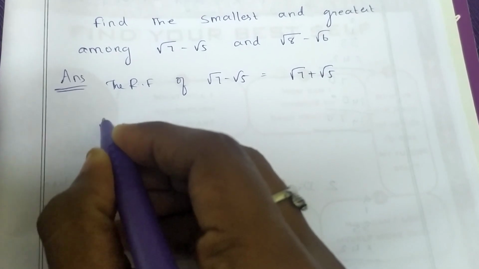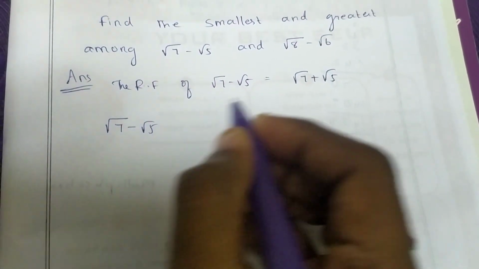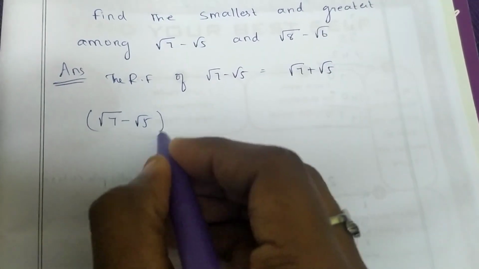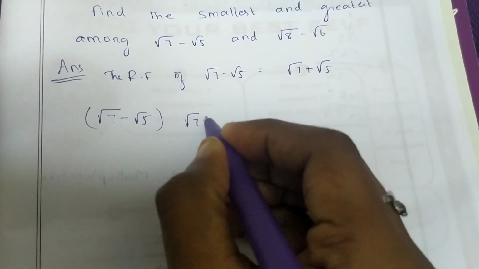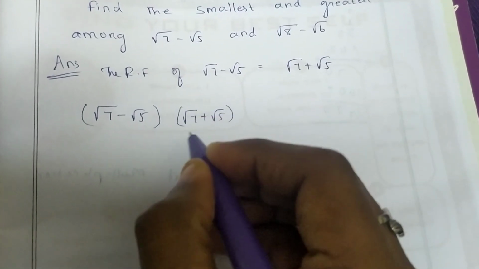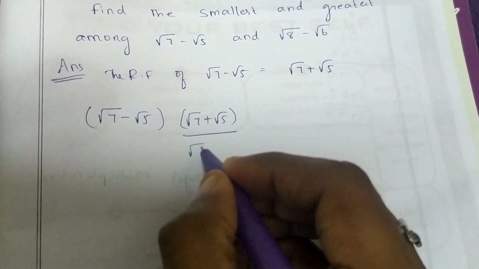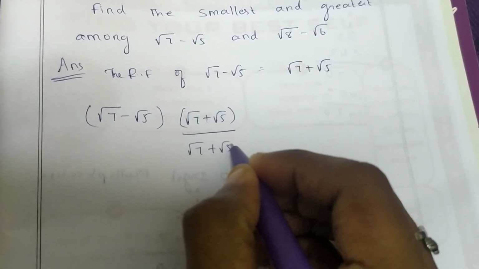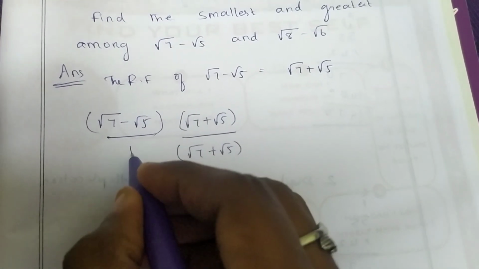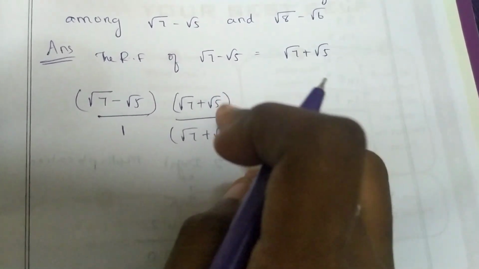So consider this number, root 7 minus root 5. You have to multiply root 7 plus root 5 in the numerator as well as the denominator. The denominator is 1, right? So you multiply it with numerator as well as denominator.